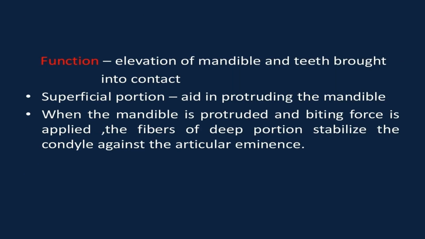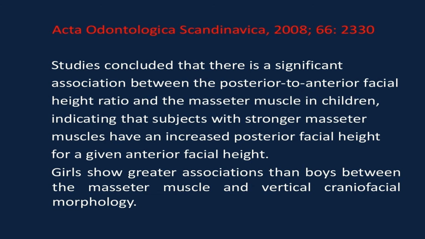Function: elevation of the mandible and teeth brought into contact. The superficial portion aids in protruding the mandible. When the mandible is protruded and biting force is applied, the fibers of the deep portion stabilize the condyle against the articular eminence.